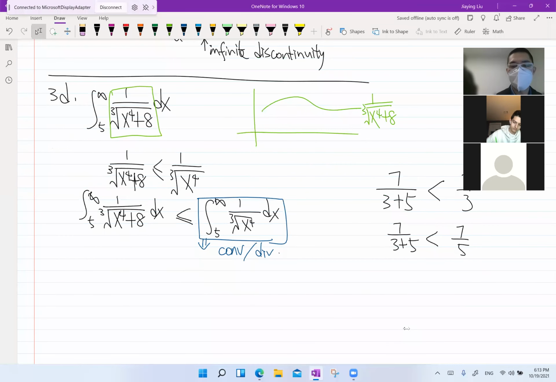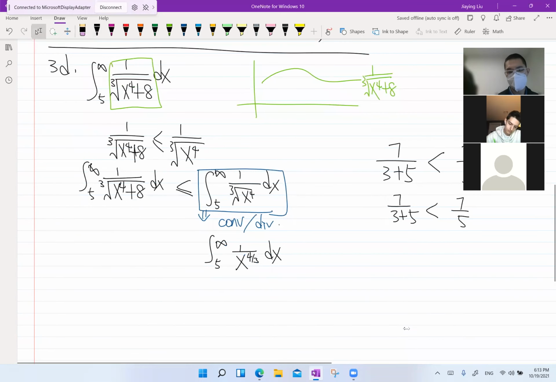Right. So how do we find out? Well, I'm just going to rewrite the function given in the middle. I'm going to rewrite it as the integral from 5 to infinity of 1 over x raised to the 4 over 3 dx, since the cube root is 1/3 in the exponent. And if you recall, this is the form of the p-test, or p-rule. This exponent is basically the p-value that we're looking at.